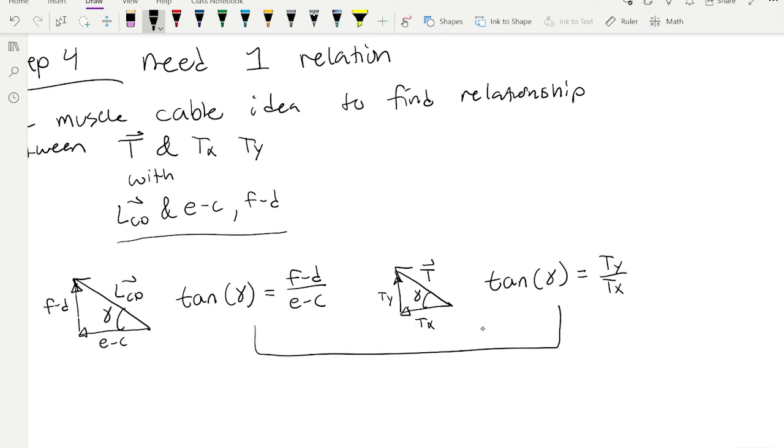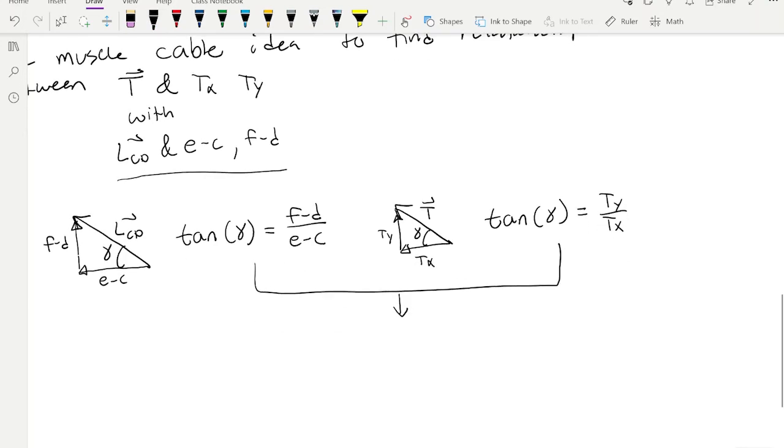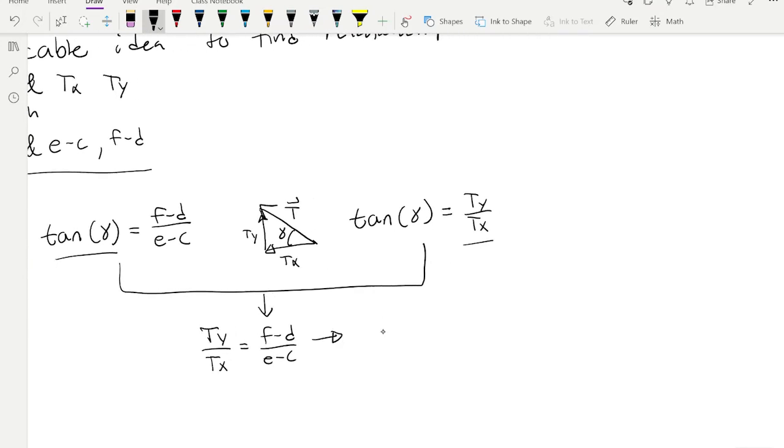So we combine these equations, plug this in for tan gamma, and we get Ty over Tx equals F minus D over E minus C. That gives us Ty equals Tx times F minus D over E minus C. And there we go, we got another equation.